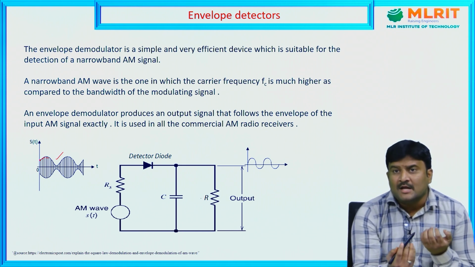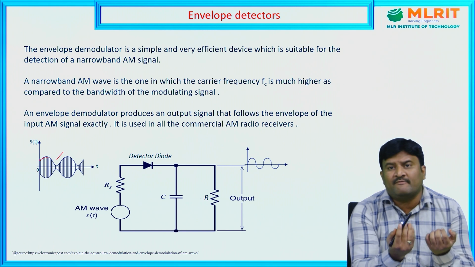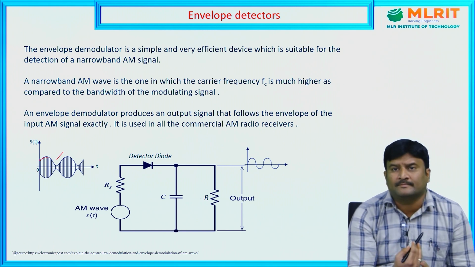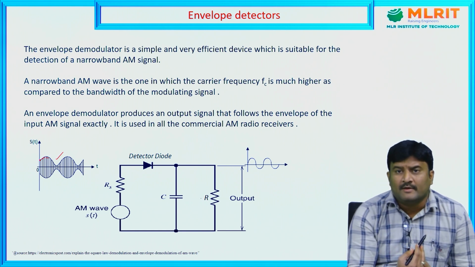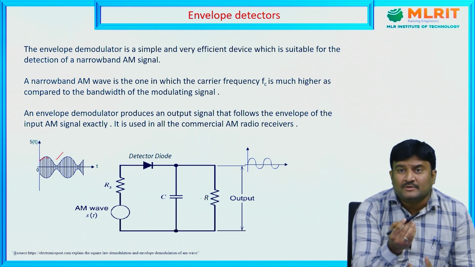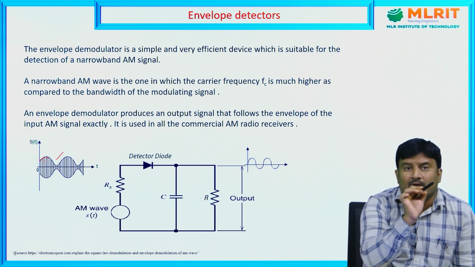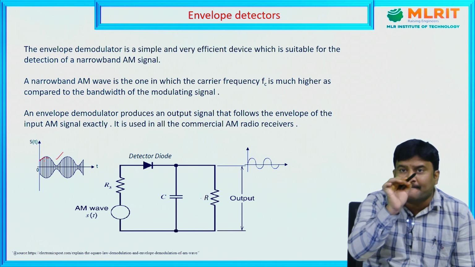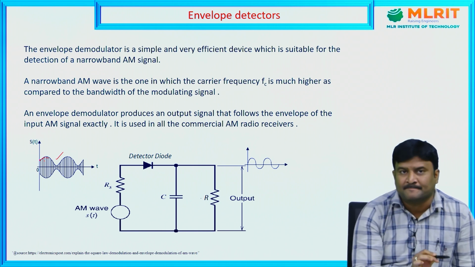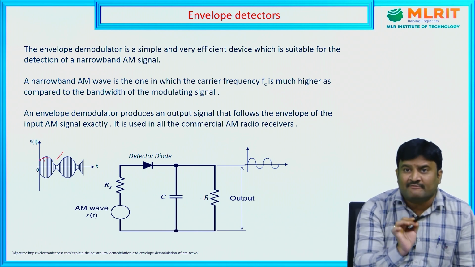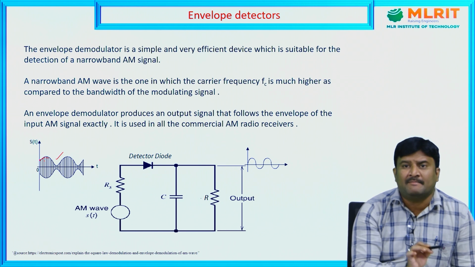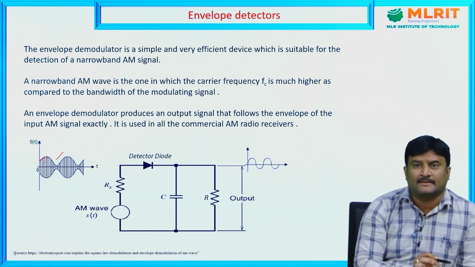Therefore, the voltage variation keeps varying up and down. With respect to the changing amplitude levels, these lines are nothing but envelopes. Then we observe that the envelope should be exactly equal to our information signal.